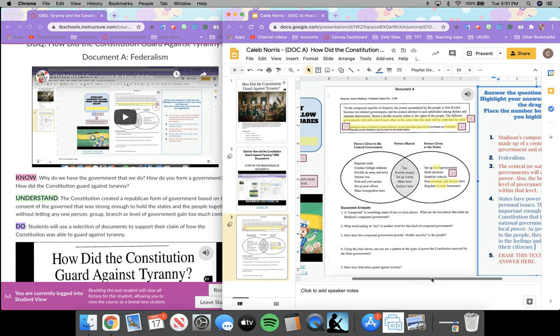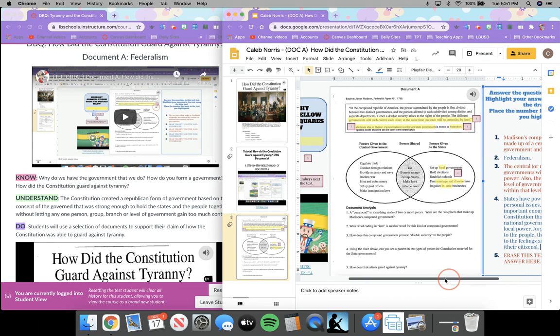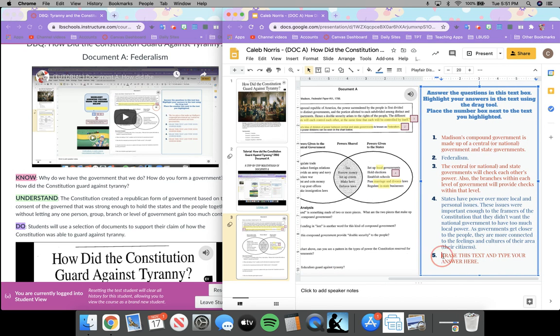So nobody has absolute power over either the nation as a whole or the individual people because everything is separated. So where are we going to find that? I think that's going to be more in our own thoughts, based on everything we've read in document A. So I'm going to go ahead and go to number 5. So I don't really have anything to annotate. It's kind of a summary of everything that I've learned here in this area.